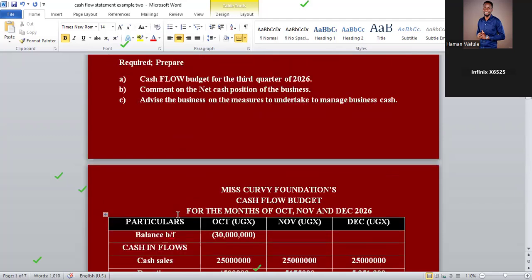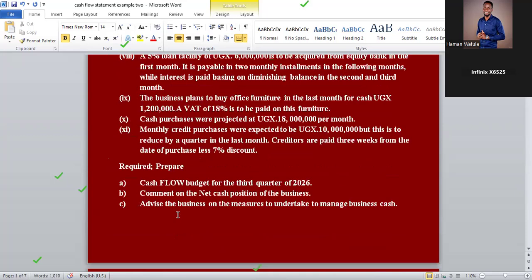Then credit purchases zirina kuba 10 million, but this is to reduce by a quarter. The business paid in 3 weeks, less a discount of 7%. This is a business yasasula mwogo omwezi gwennyini, as I explained to you.